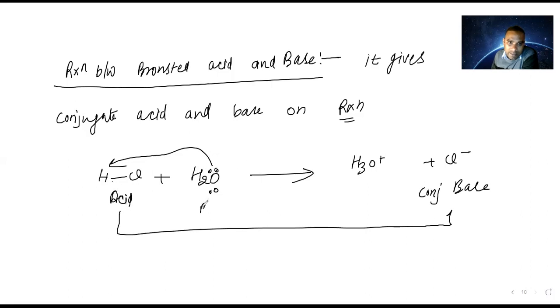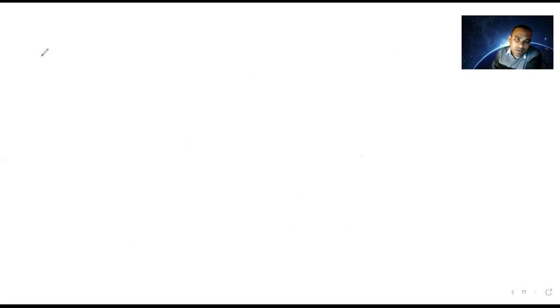Now this is acting as a base because it accepted the H plus ion, so it is the conjugate acid. So this is the acid, this is the base. Many reactions are there, but the basic one is this one. Got it? Yes. Okay.